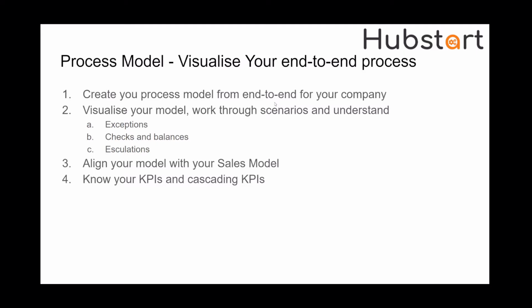And this leads into knowing your KPIs and cascading your KPIs. So knowing your overall levels, your cost of acquisitions, your lifetime values, and how they affect different areas of your process diagram and how you can refine and optimize each of these KPIs throughout the whole process.